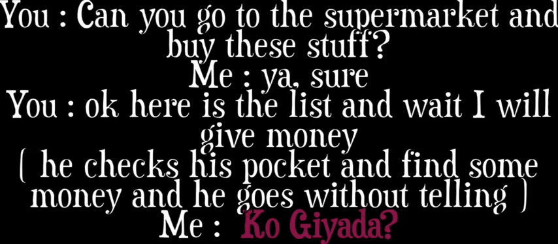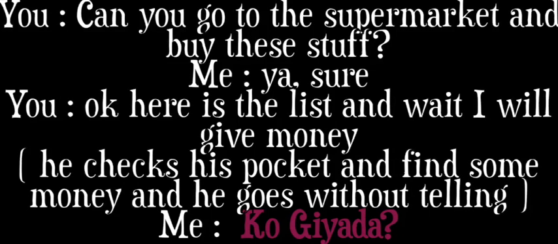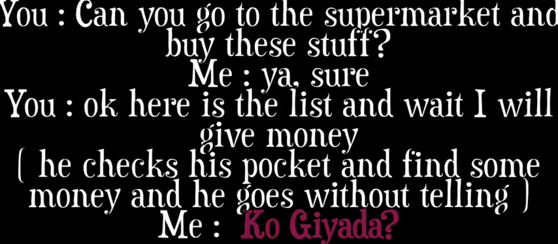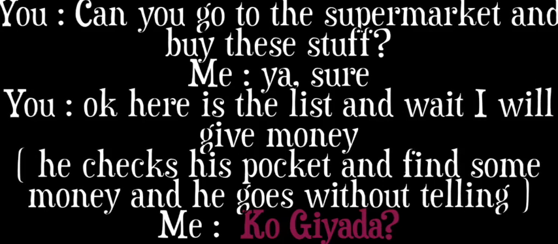And let's say if you used only Giyada in this conversation. You come out and you ask Giyada, and that's all. You don't wait for a reply, you don't seek around, you just think, okay, he's gone, so fine, and you go back inside.